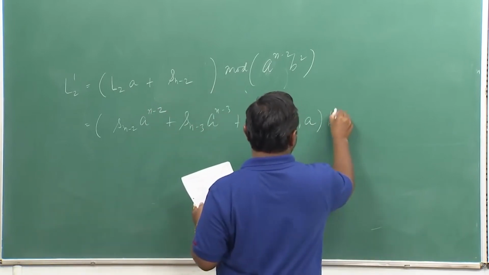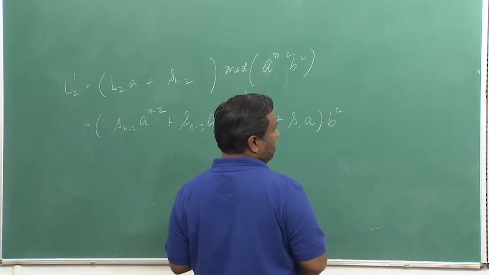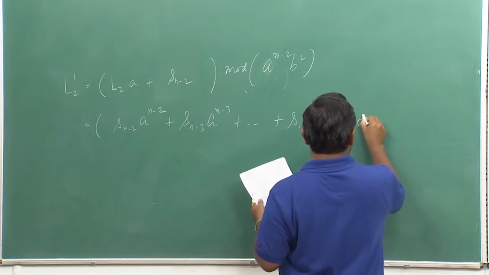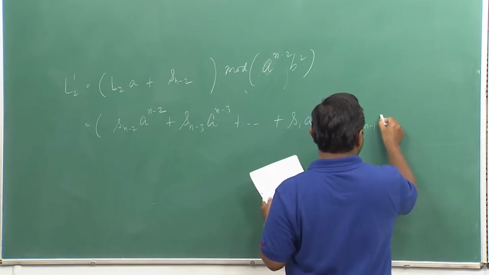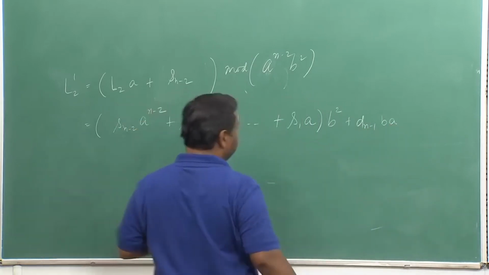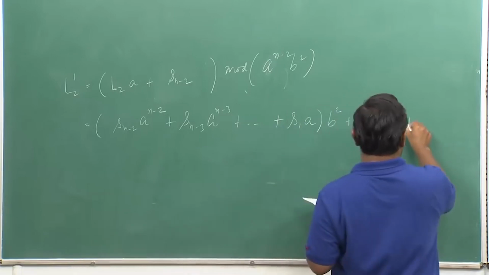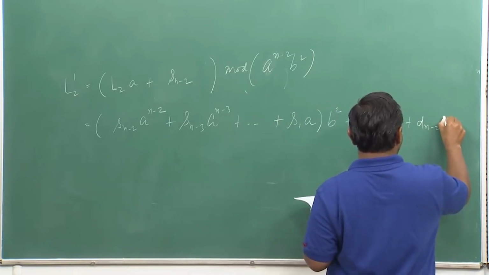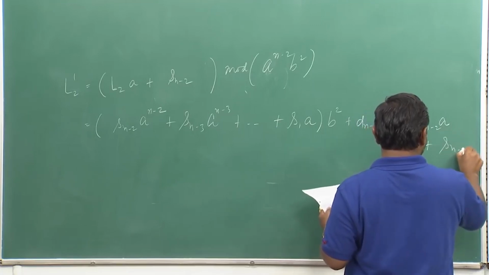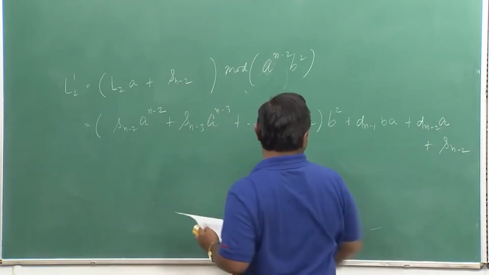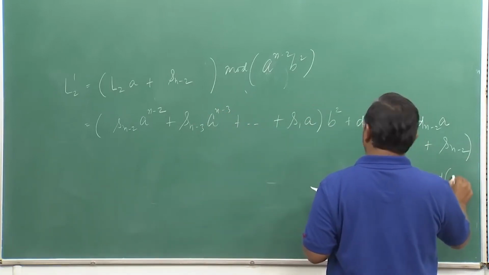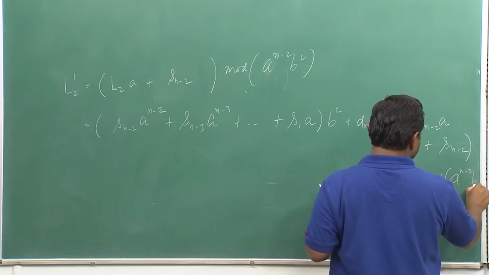This whole thing will be b square plus dn minus 1. So, there is a b, so I have to also multiply by a because of this a. This also has to be multiplied by a. This Sn minus 2 has come because of this term, and then I have to do modulo of a raised power n minus 2 b square.